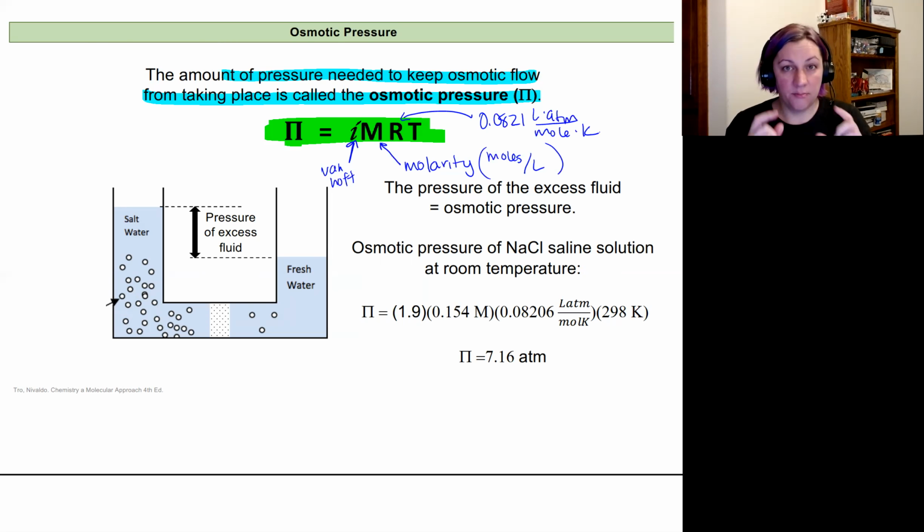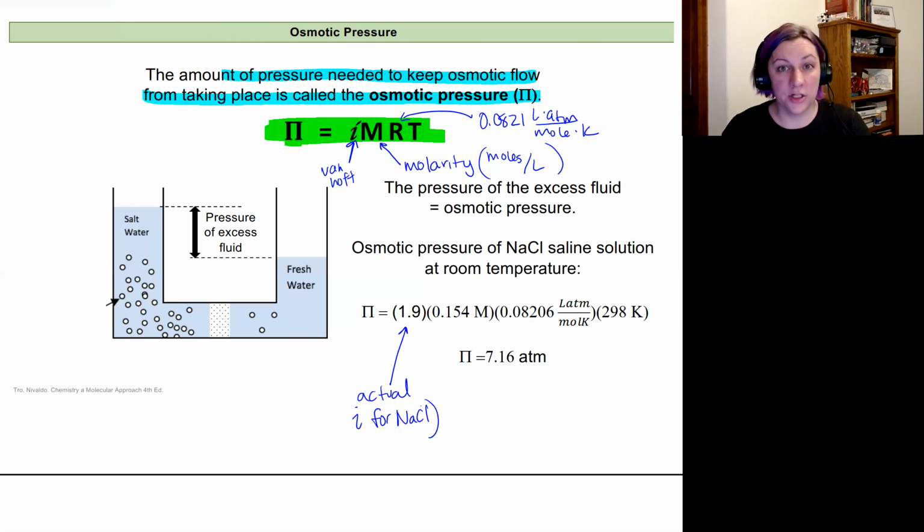This number we calculate for osmotic pressure will be the pressure of the excess fluid that would prevent that flow. So if I wanted to calculate this by way of example for sodium chloride, a saline solution at room temperature, I would use my actual Van't Hoff factor. Now the theoretical one is 2, and I'll let you know in a problem if you need to use the theoretical one, which most commonly we will do, or the actual.